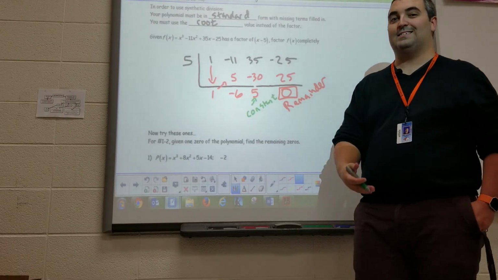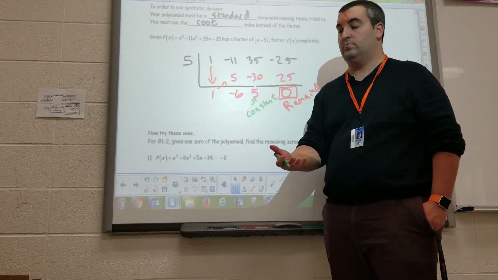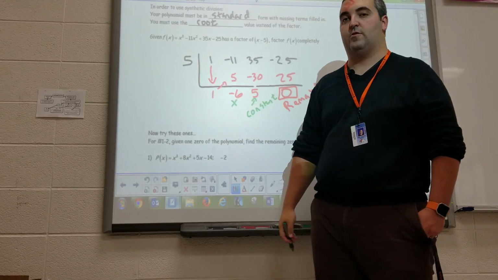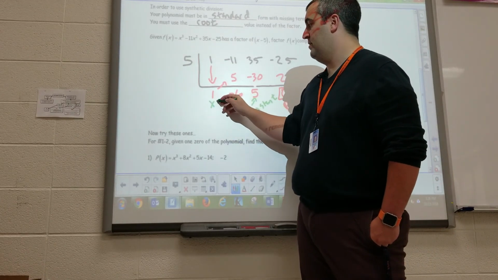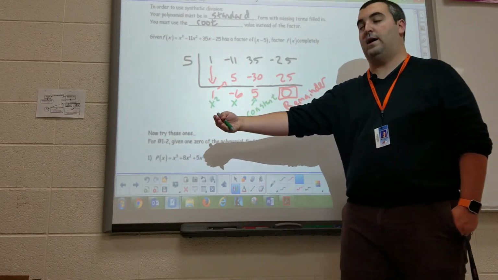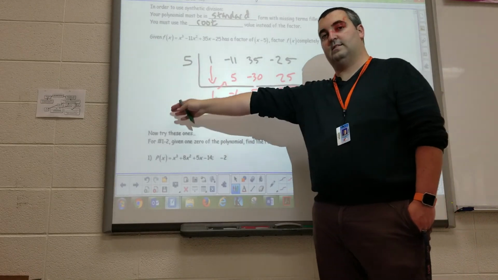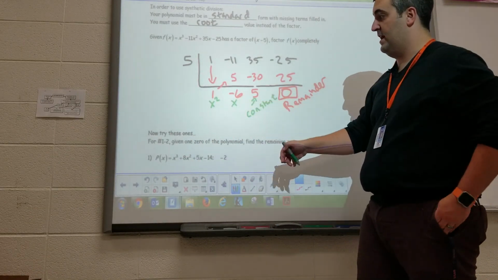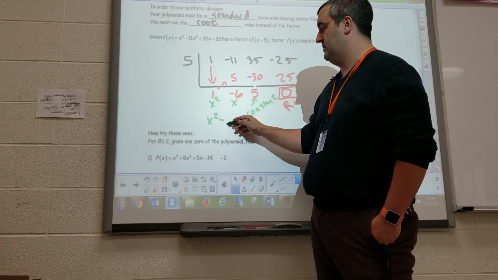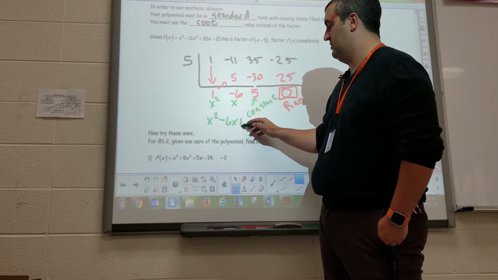And remember, constant just means no x value. Okay? Then the next one will be your x, and then x squared. And if you had more numbers, you would just keep increasing the power of x until you got to the end. So if we write what we have, 1x squared minus 6x plus 5.